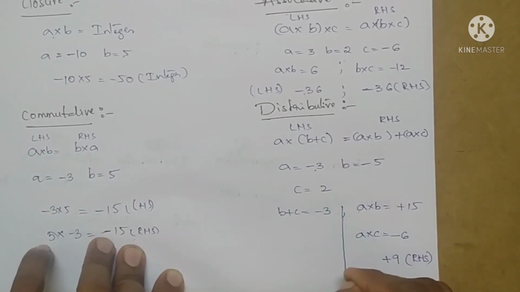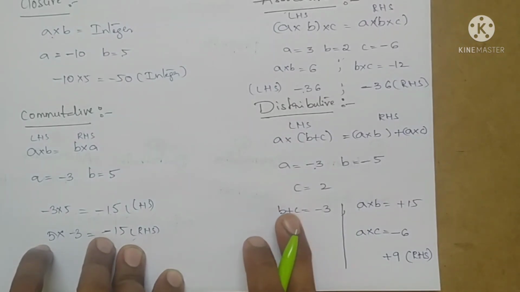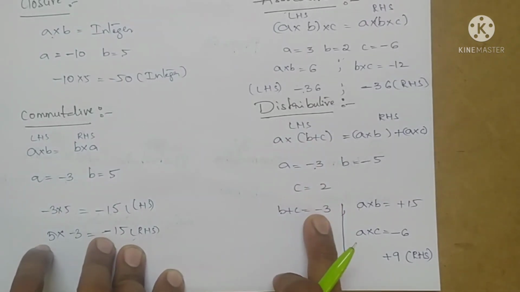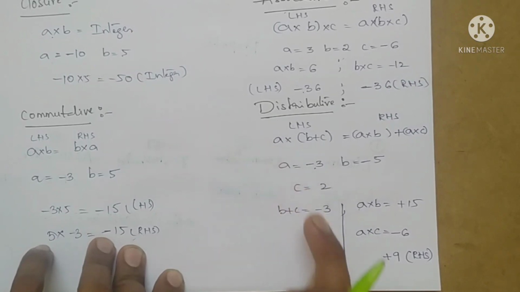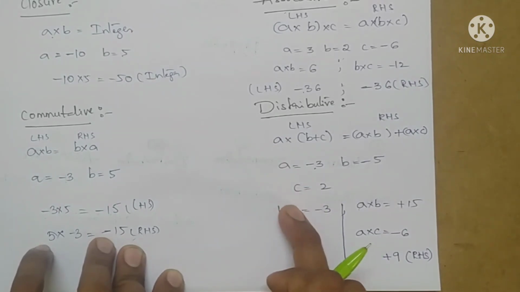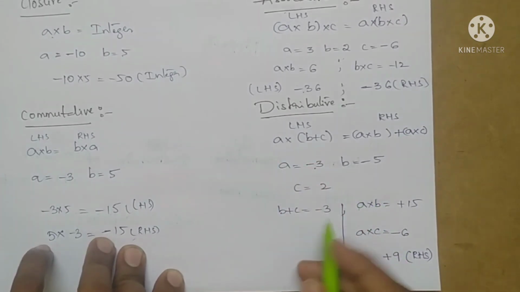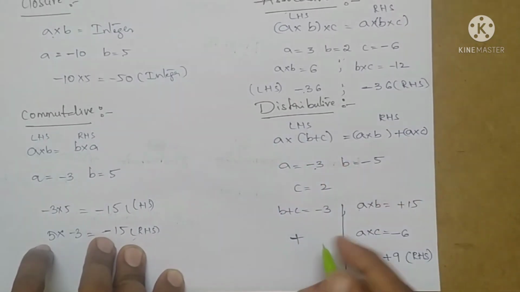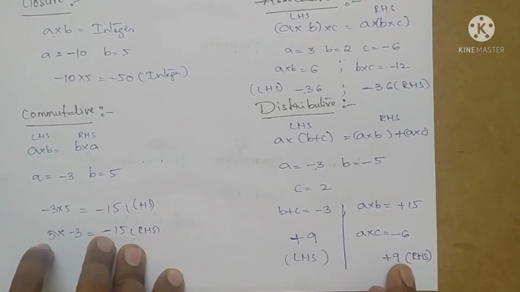Okay, so for the LHS, b plus c result is minus 3, and into a means we multiply this b plus c result with a. So here minus into minus is plus, 3 3s are 9. This is the LHS result. So finally LHS result equals the RHS result.